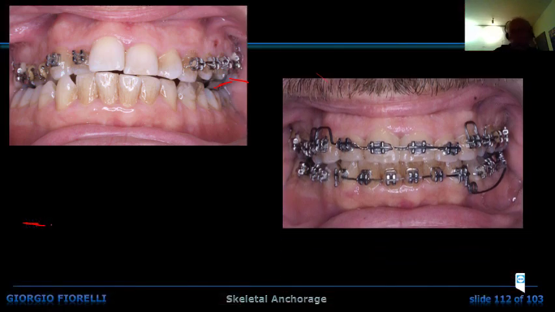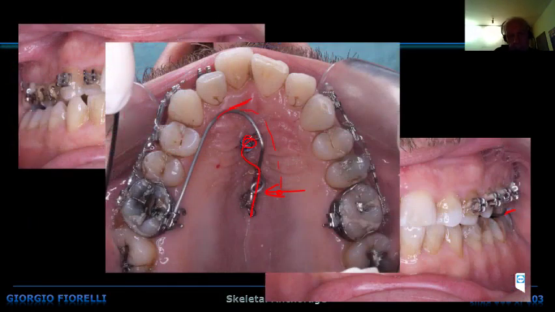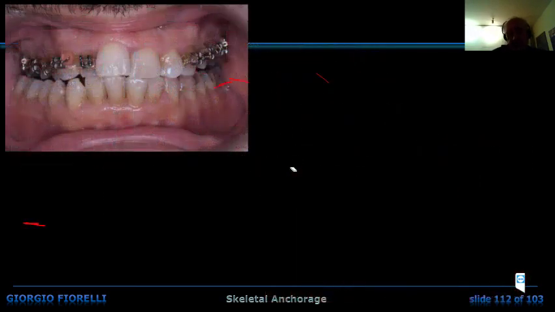Of course, this is more complicated because to do this stuff, to me, it takes more time than placing a TAD here and expanding the arch here. But if this doesn't work because we have no bone, well, I spend more time and I do the right thing. It's okay.